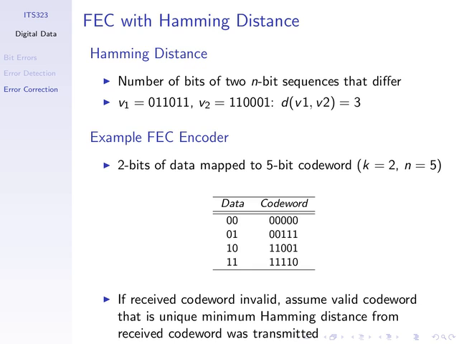And let's look what happens at the receiver. Note that the transmitter and the receiver both know this table. They both know this mapping of data to code words. First case, which is on the next slide, assume there are no bit errors.